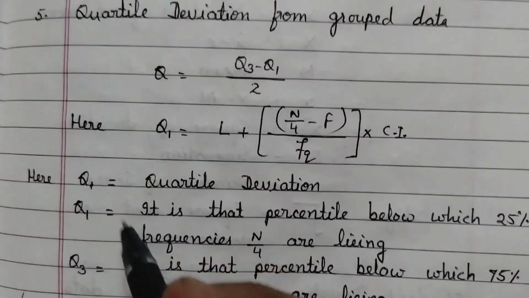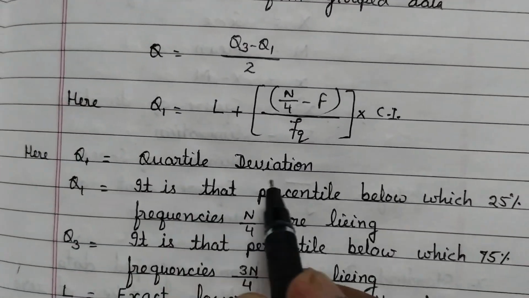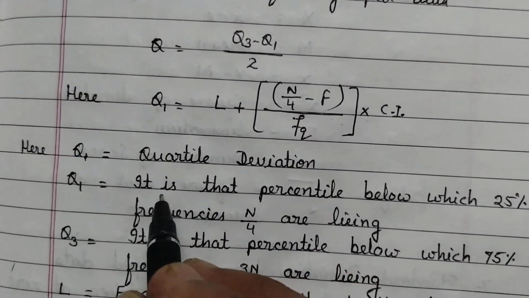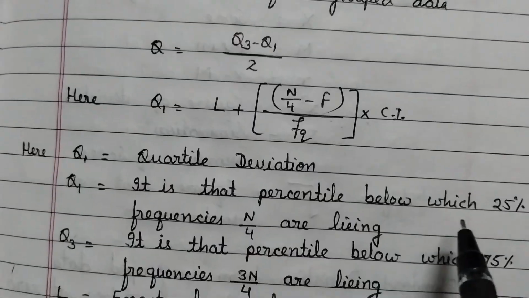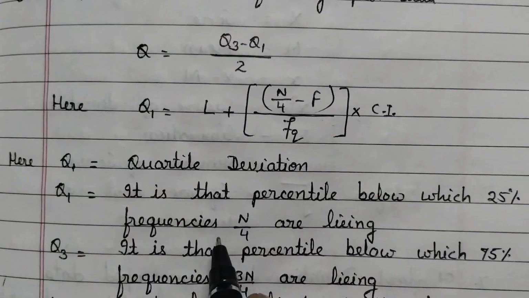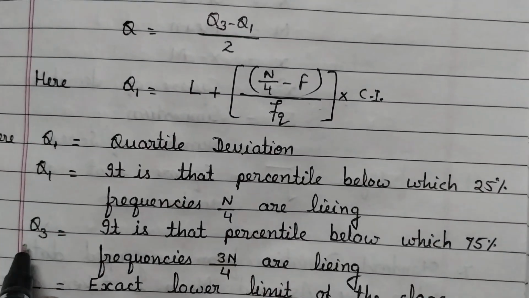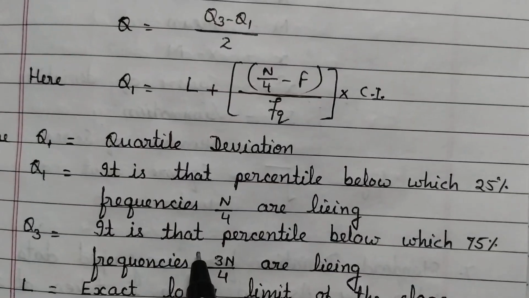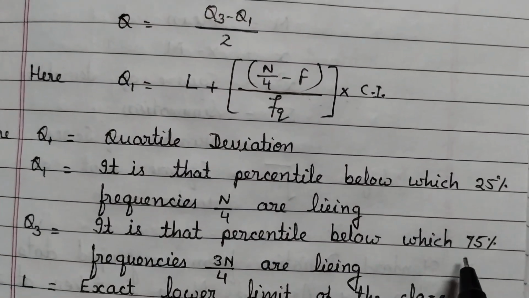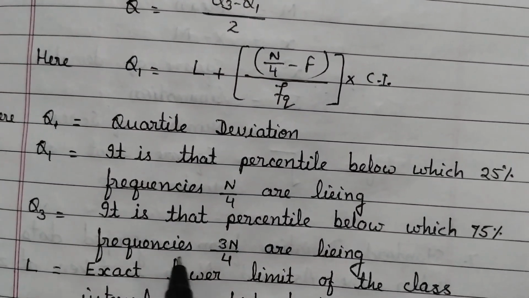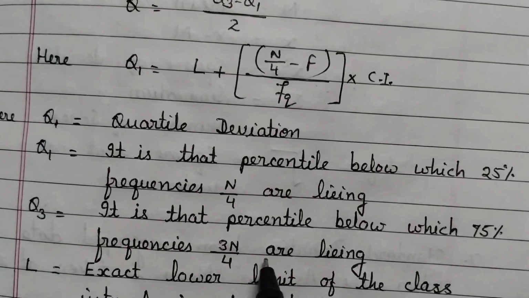Here Q is equal to quartile deviation. Q1 means that percentile below which 25 percent frequencies, n by 4, are lying. Q3 is that percentile below which 75 percent frequencies, 3n by 4, are lying.